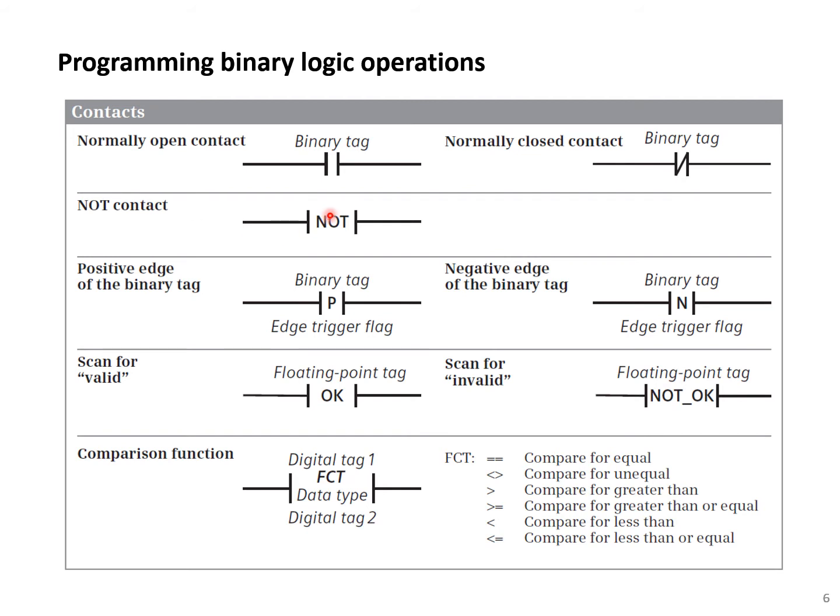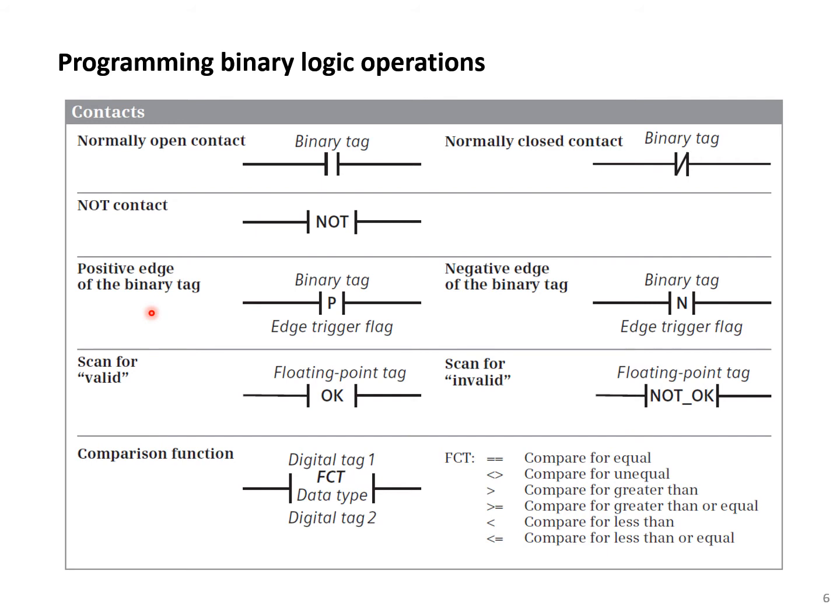So you see that the NOT contact doesn't have an associated tag, so it doesn't represent a real input sensor or switch to the device, but it just changes or negates the logic we have here on the left side of the contact. So in the rung, whatever the resultant logic is will be negated.